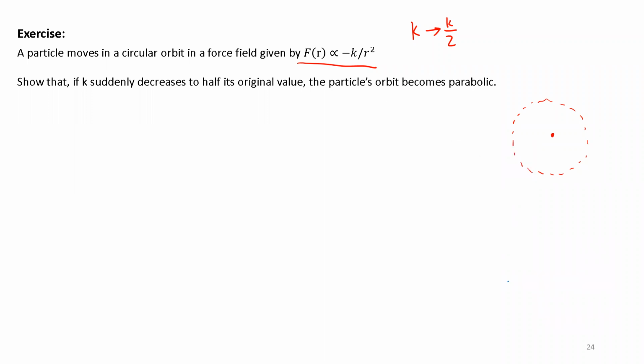It is moving, at some time, suppose it's here. Once the force becomes weaker suddenly, you can imagine that the trajectory may look something like this. And I want to show that this is a parabola.